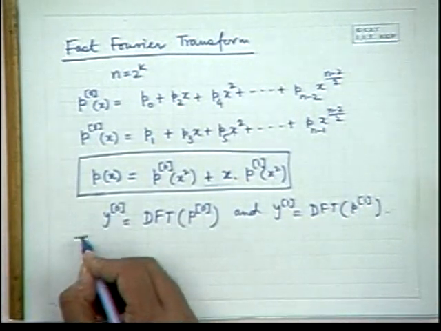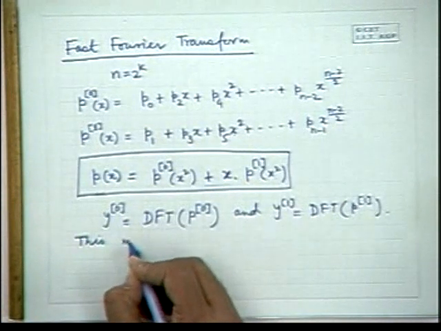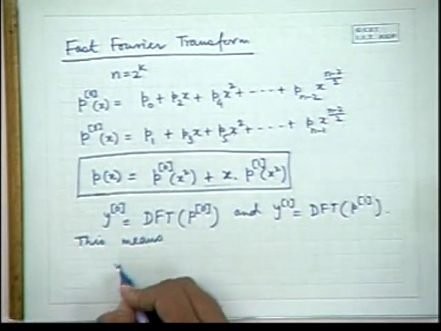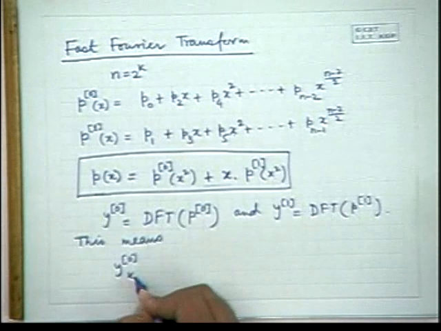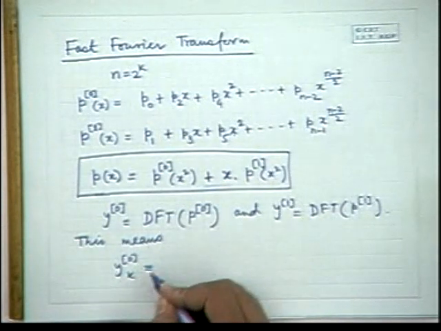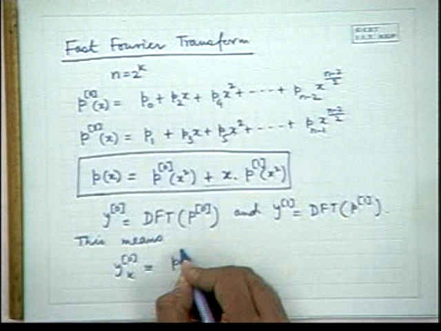So what does this mean? It means y0 of k, the kth element in this y0 vector, is given by P0.